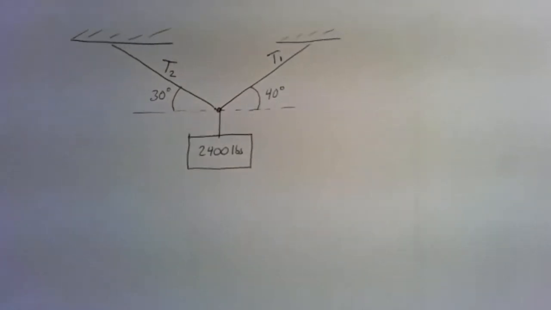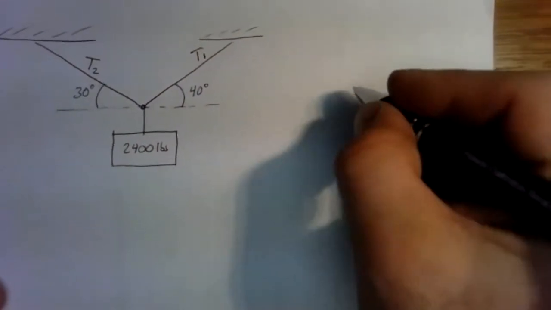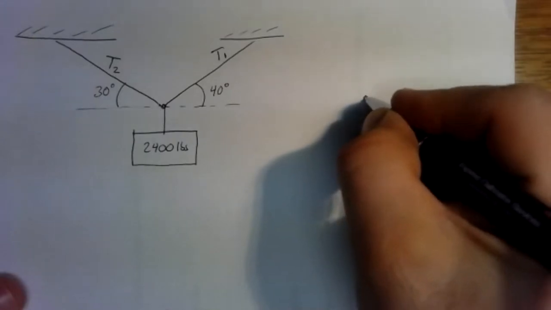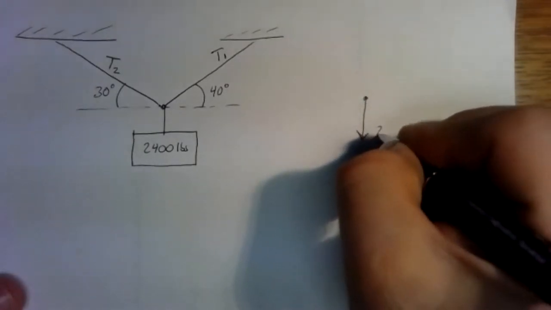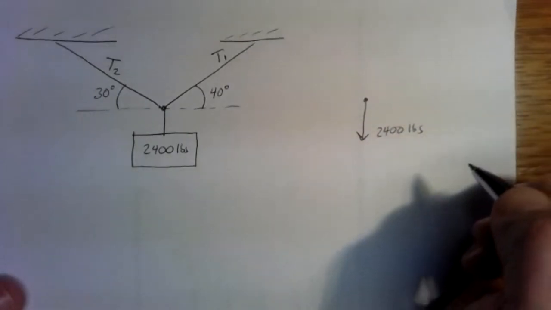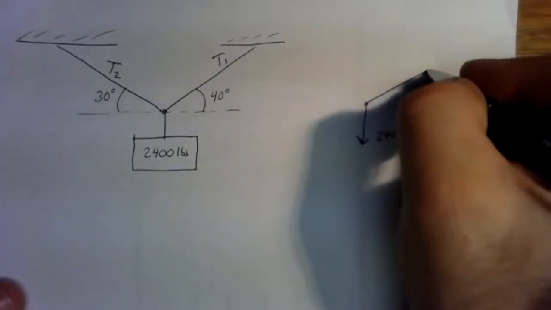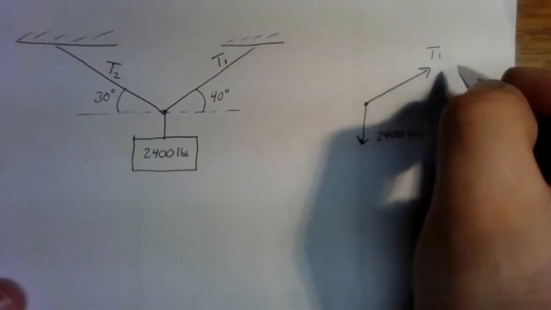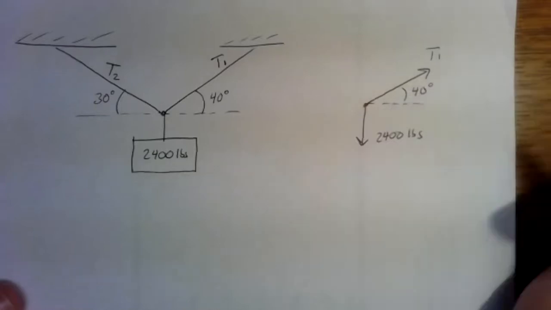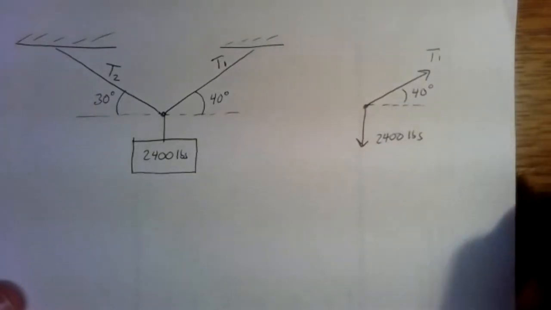So let's start it out. Let's draw the free body diagram. So the free body diagram, we'd have our central point. We got 2,400 pounds pulling down. We have this unknown force T1 at 40 degrees from horizontal.